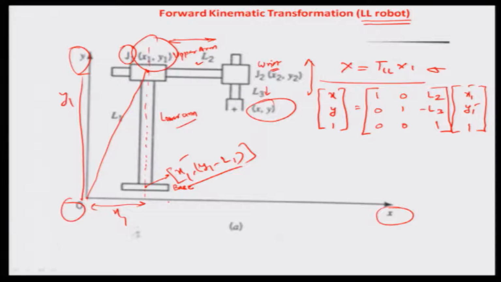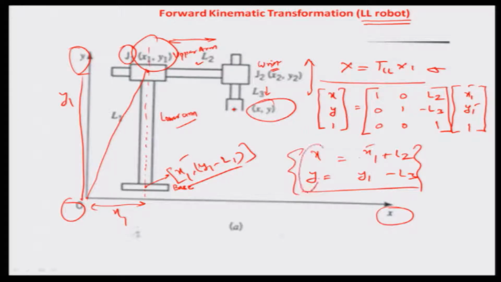But the forward kinematic transformation here means x becomes equal to x1 plus L2, and y becomes equal to y1 minus L3, and that is how you can read out the point x y with respect to x1 y1. Okay. So, everything is converted now into the joint space from the world coordinate system x1 y1.